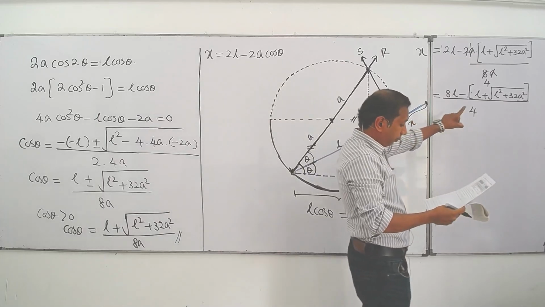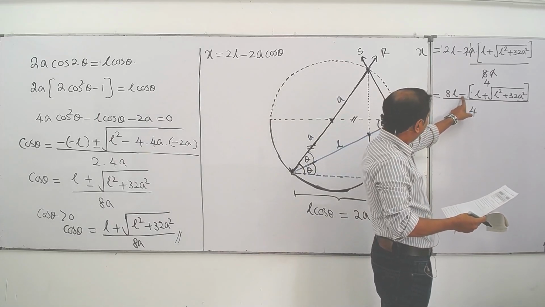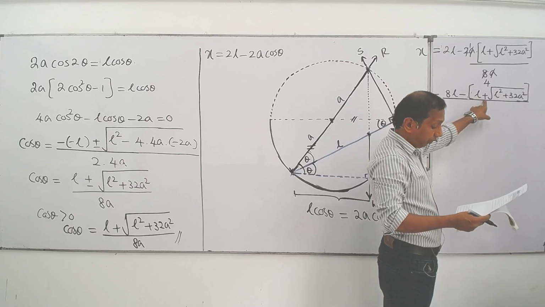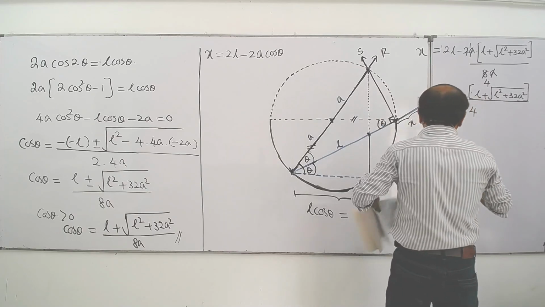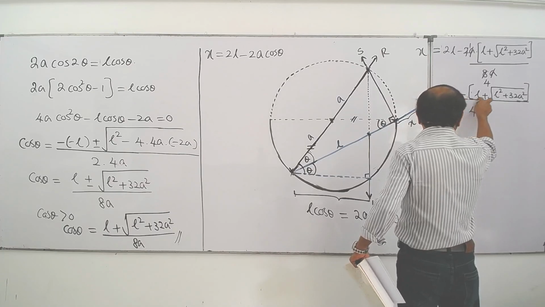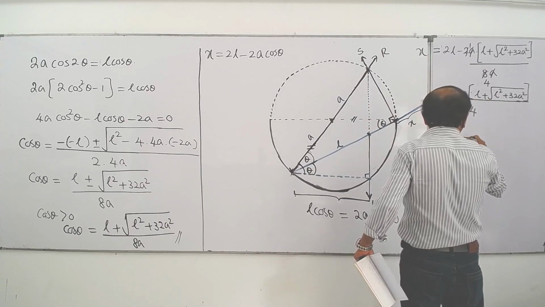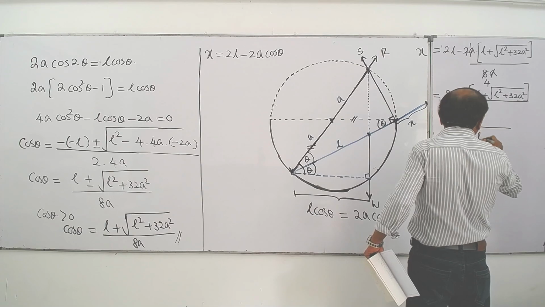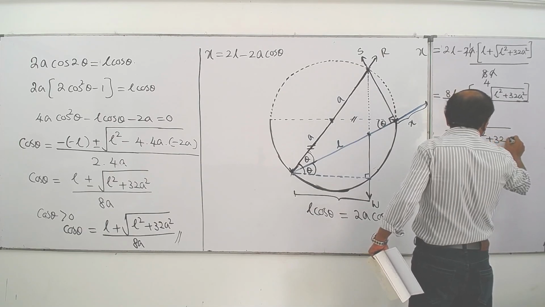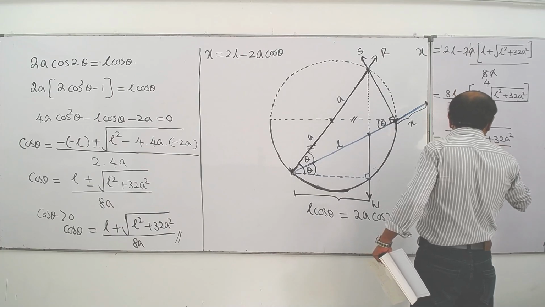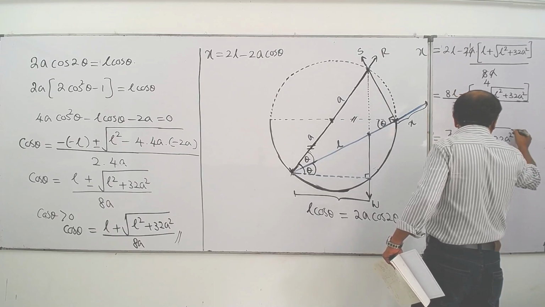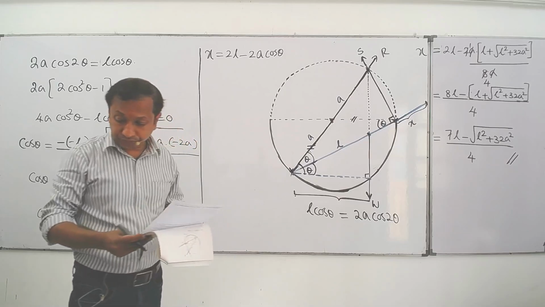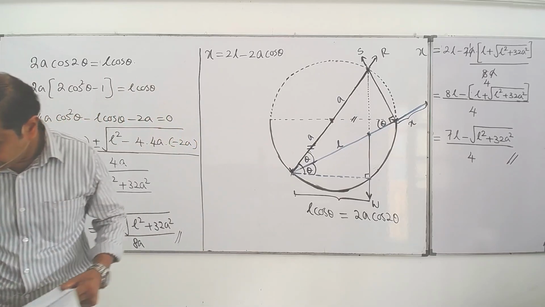Remove the bracket: 8L minus L is 7L, and minus minus square root of L squared plus 32A squared, upon 4, is the length of the rod projecting beyond the rim. This is how we get that first answer.